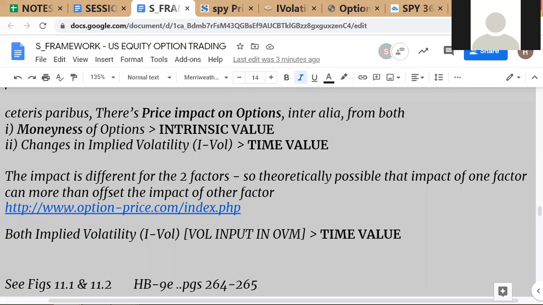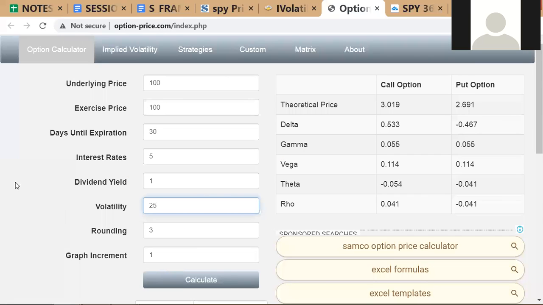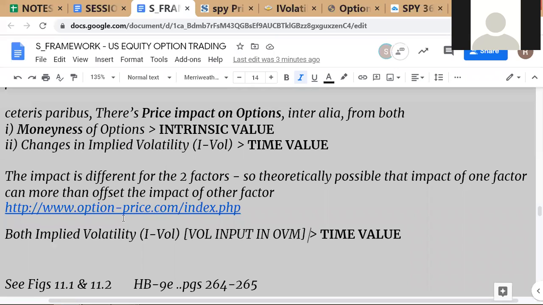Now here, when you're talking about the vol input, I came to this part of the discussion where I was talking about implied volatility. What is implied volatility?